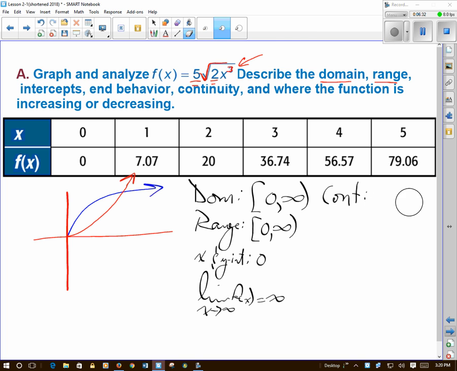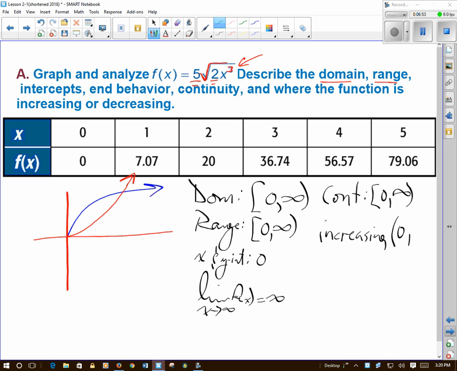It's the increasing, decreasing where we don't include that. 0 to infinity, it's continuous, and it's increasing over its whole domain. So increasing from 0 to infinity.